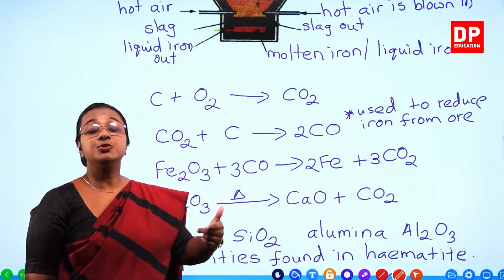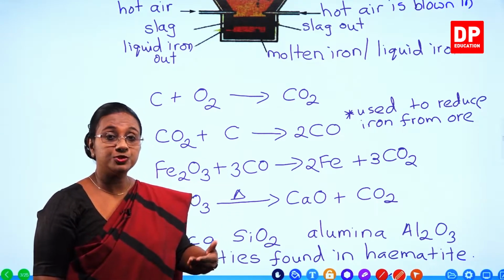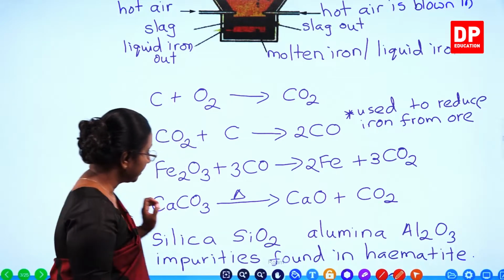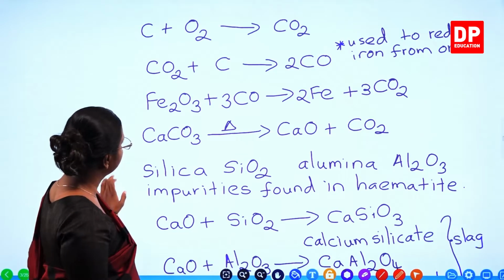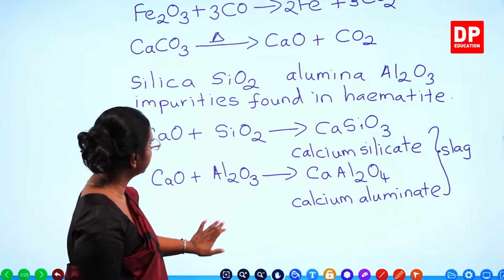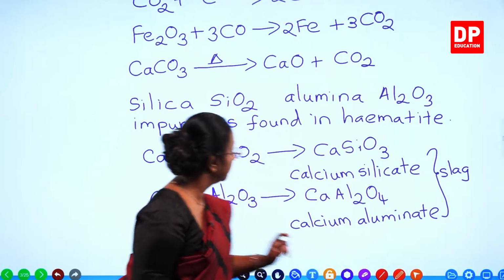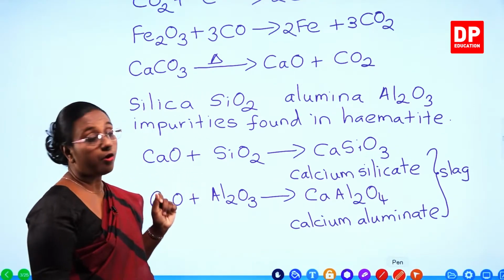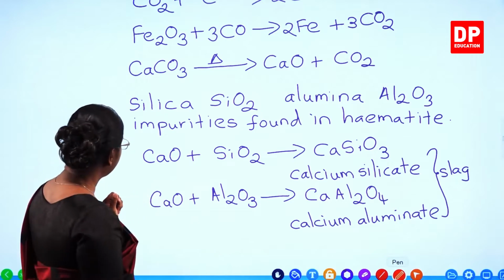It can be used up also. Part of it will be used up, part of it will be evolved out. Then again, what happens is calcium carbonate. Here you can see the reaction. Calcium carbonate decomposes to form calcium oxide and carbon dioxide.